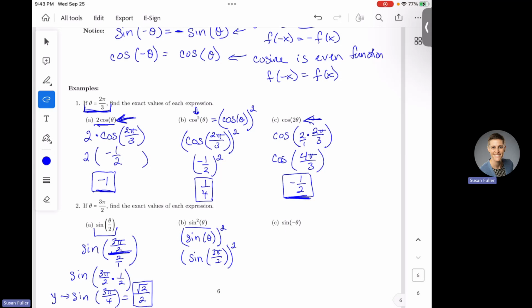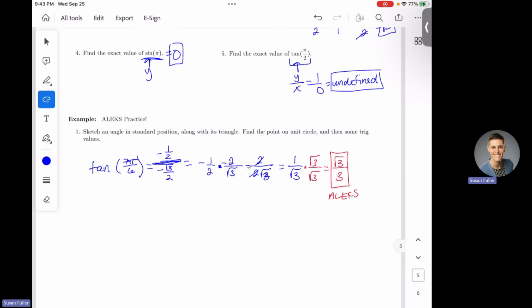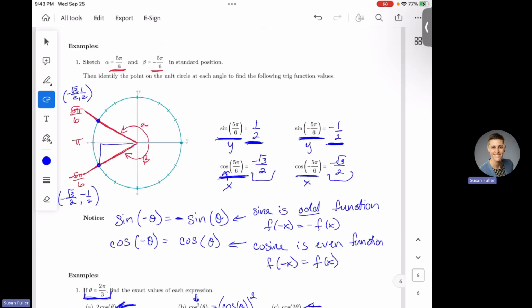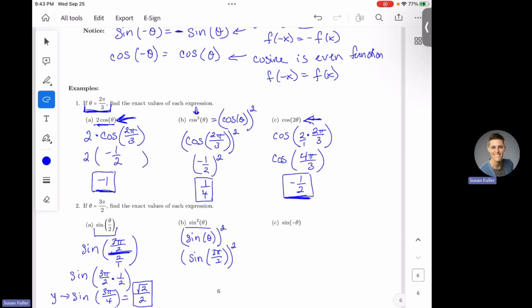If you go up to your handy dandy unit circle, 3 pi over 2 is one of our landmark points. It's right down here. 3 pi over 2, and I want the sine value of it. So you're looking at your y coordinate. That's -1. So I'm going to put that in here, and I'm going to take -1, and I'm going to square it. When you square -1, you get +1.